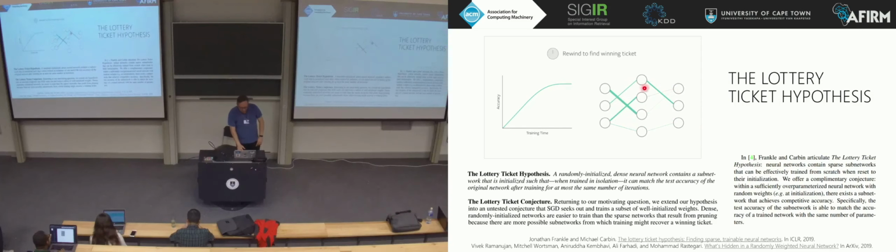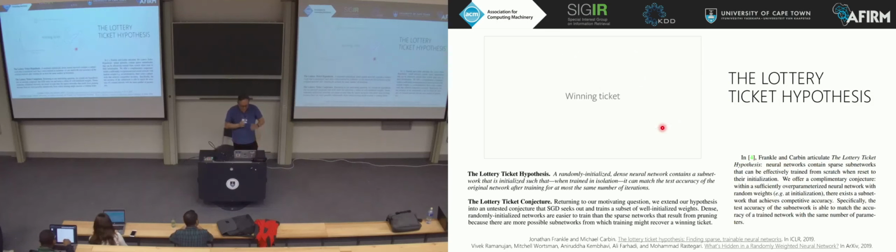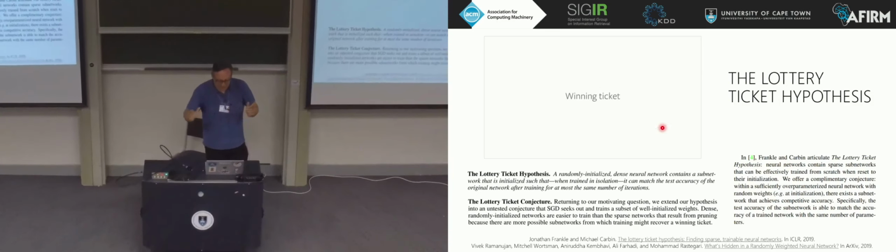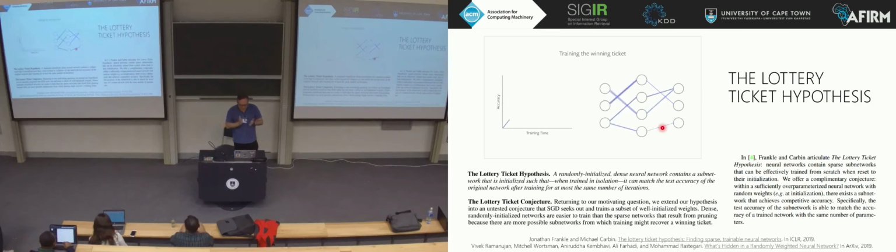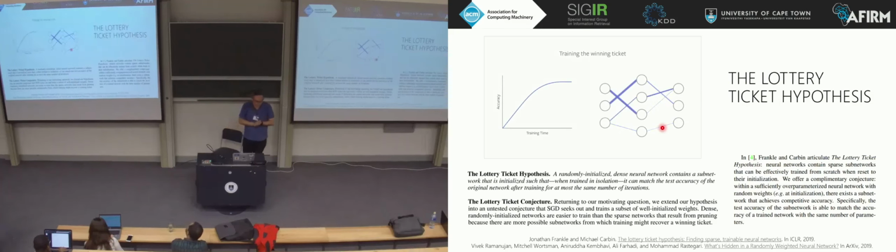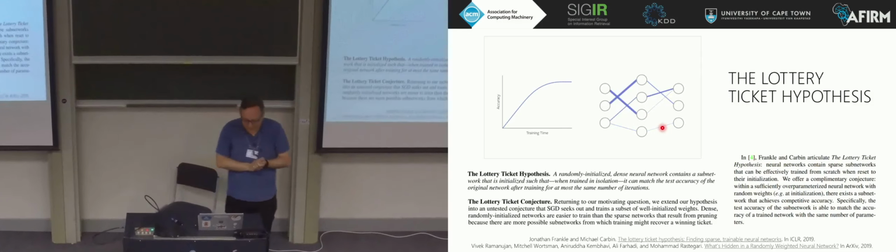Then you prune the weights once you've done that, okay? So what I've done is I've learned a full network, then I've pruned away the weights that didn't seem to help, because there's ways of basically pruning weights. And now I'm going to train using just the remaining edges, but the key thing is the same initialization.